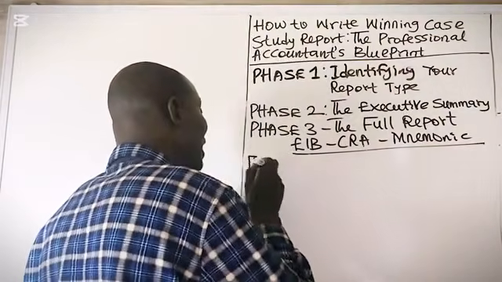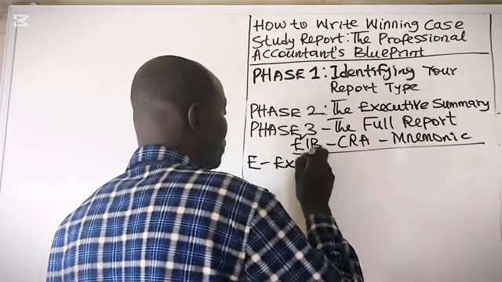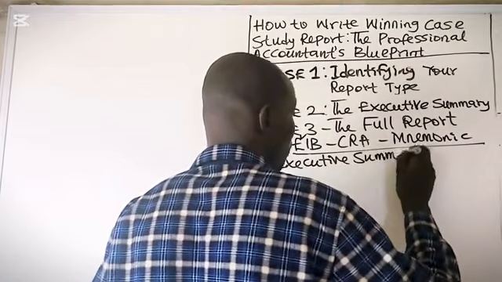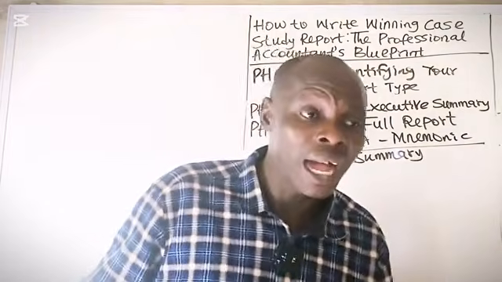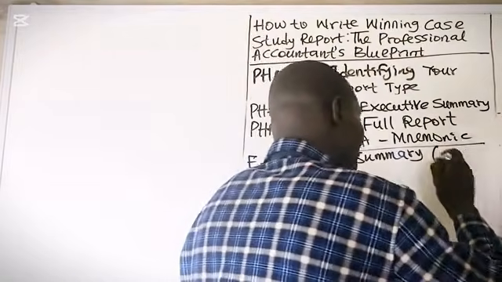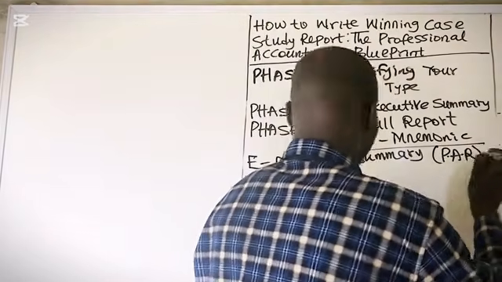The first letter E in EIBCRA stands for executive summary. You make use of your PER snapshot we've just discussed.